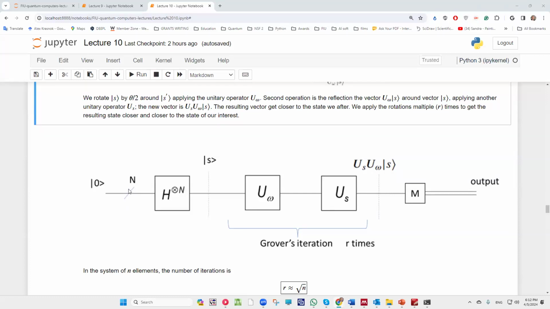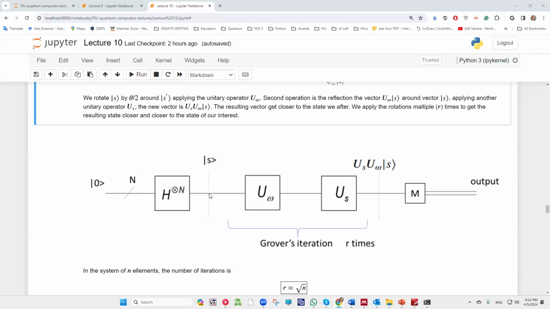You remember this notation here, by this line and n on top, I indicate that this circuit contains n qubits. We start from the 0 state. We apply the Hadamards to all of the qubits, right?